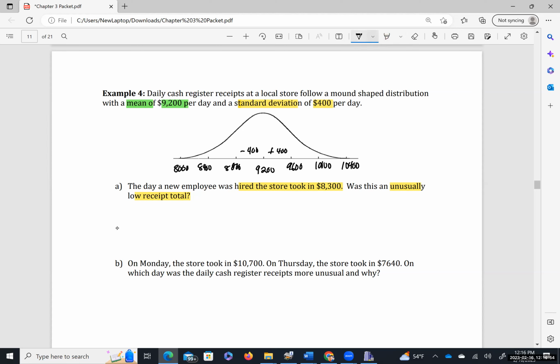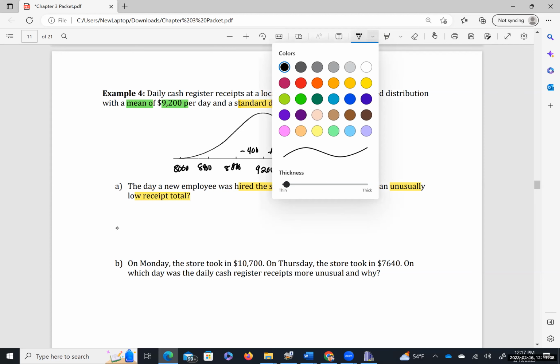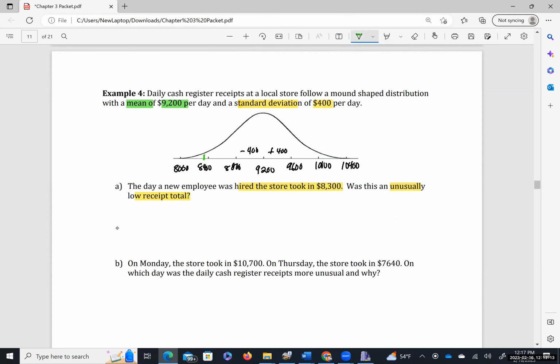Look at the graph, and you see 8,300 is around here. Let's say 8,200 is here, and then 8,300.